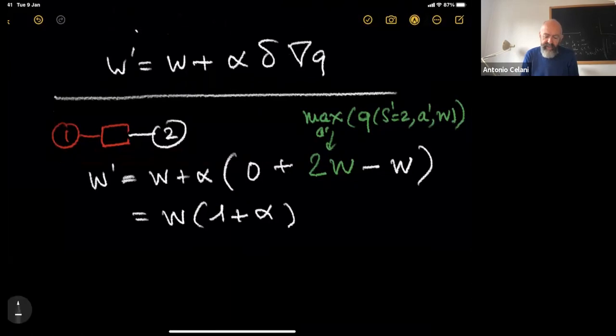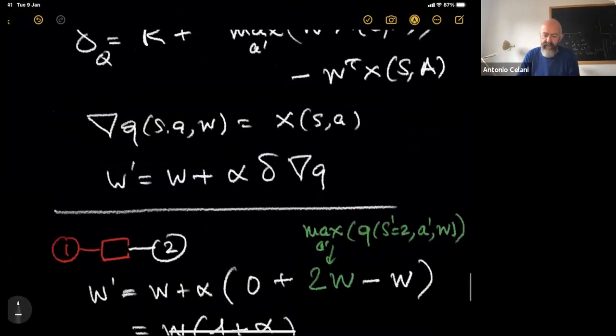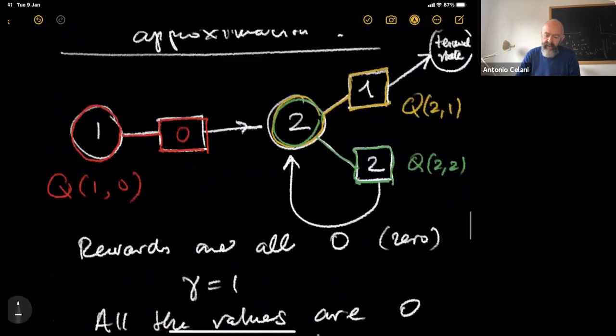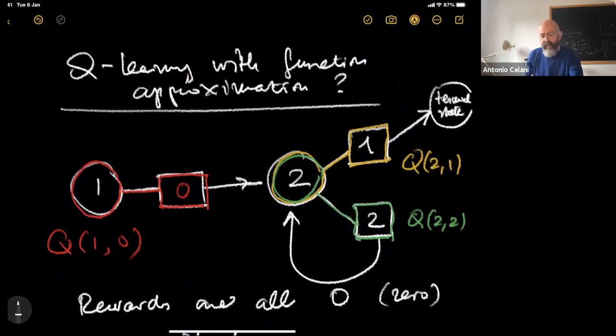Then let's move to the second iterate. The second iterate starts from state 2. And then here, there are 2 possibilities depending on which action you take. Here there is a bifurcation. So from state 2, if you pick action 2, which is the greedy one, because the green Q is larger than the yellow Q, so this is the greedy option.